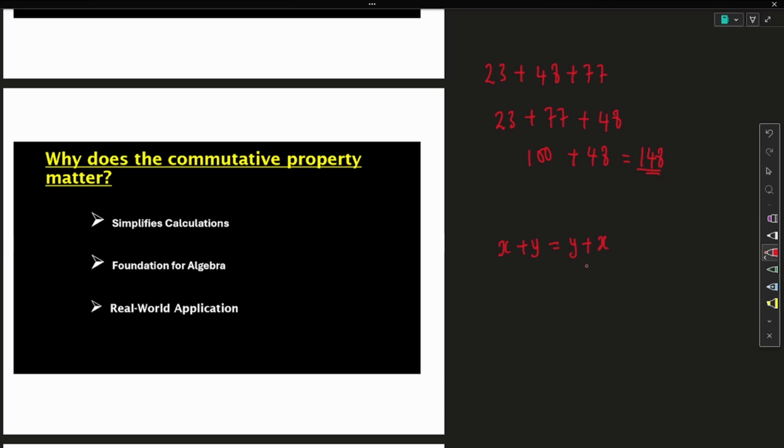The commutative property helps us in real-world applications. Think of tasks like organizing items, calculating totals, or even coding. Understanding this commutative property makes these processes more efficient.